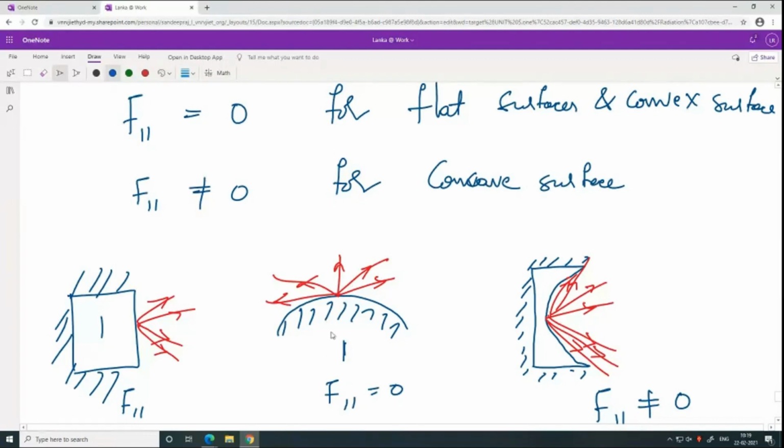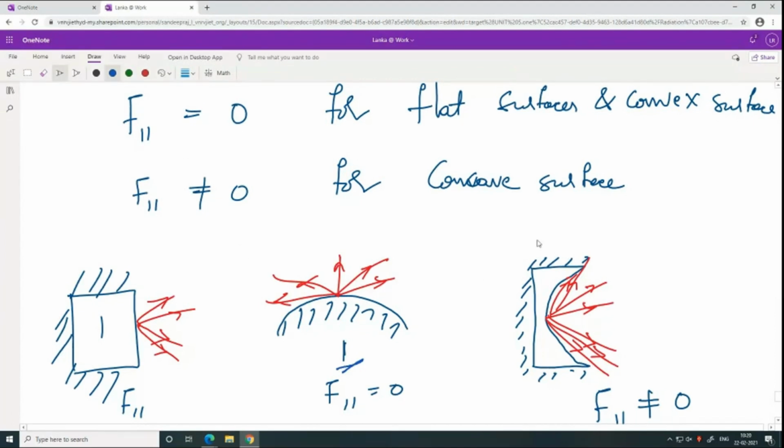For convex surfaces also, if I take this one here, this is a convex surface. For this one also, whatever the emitted radiation is, it is not taken by itself. That's why we call F11 equal to 0.